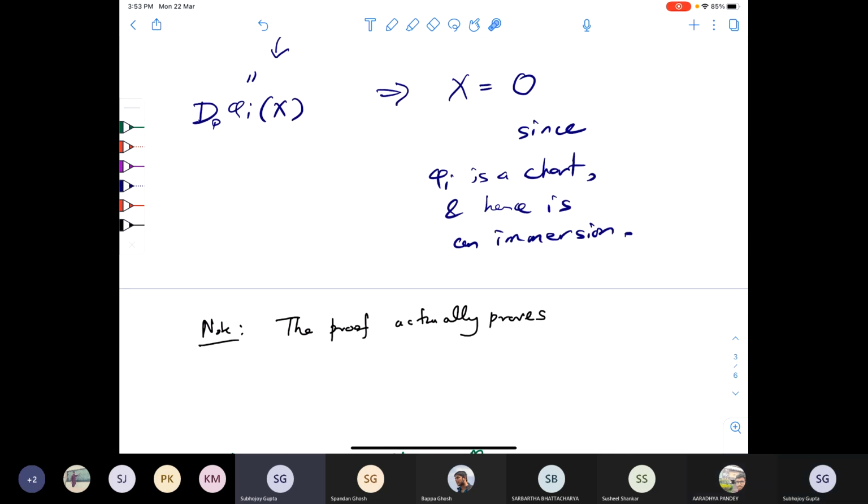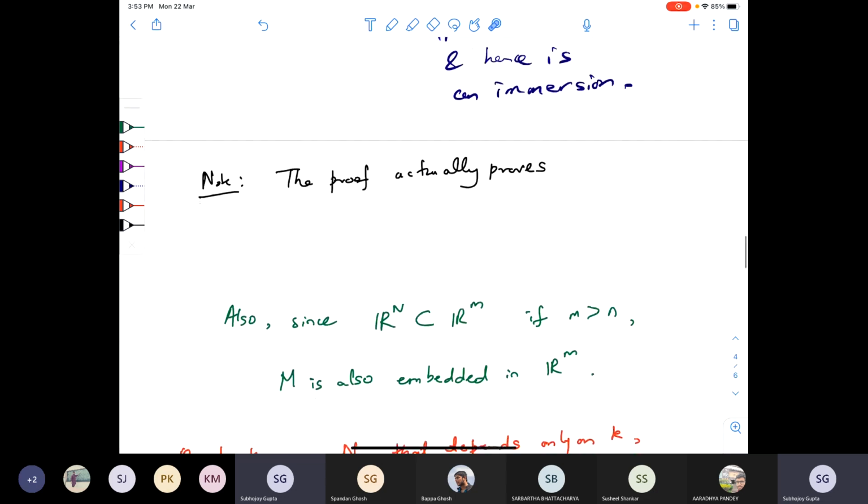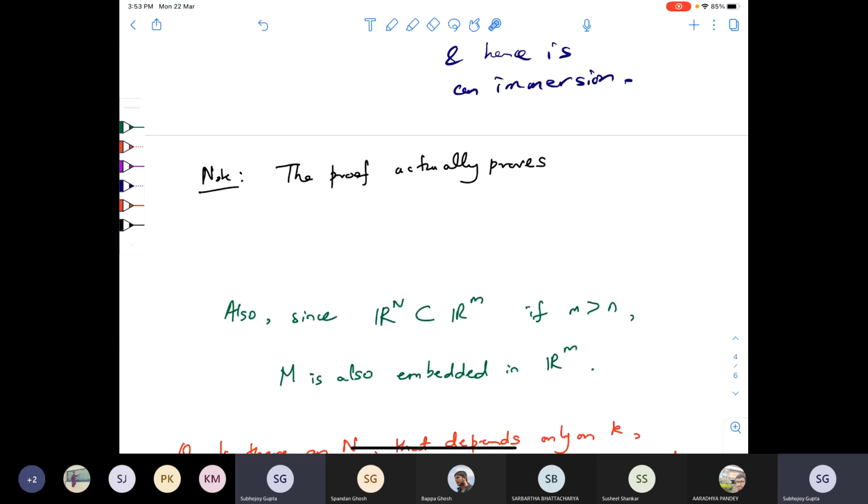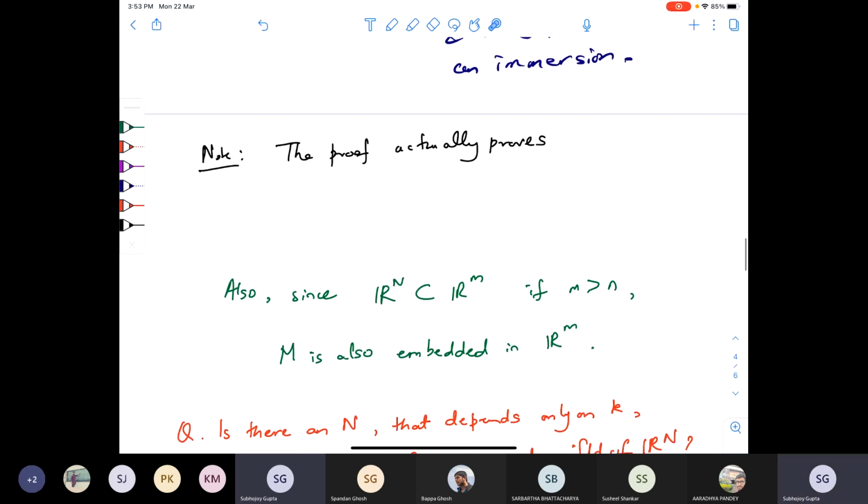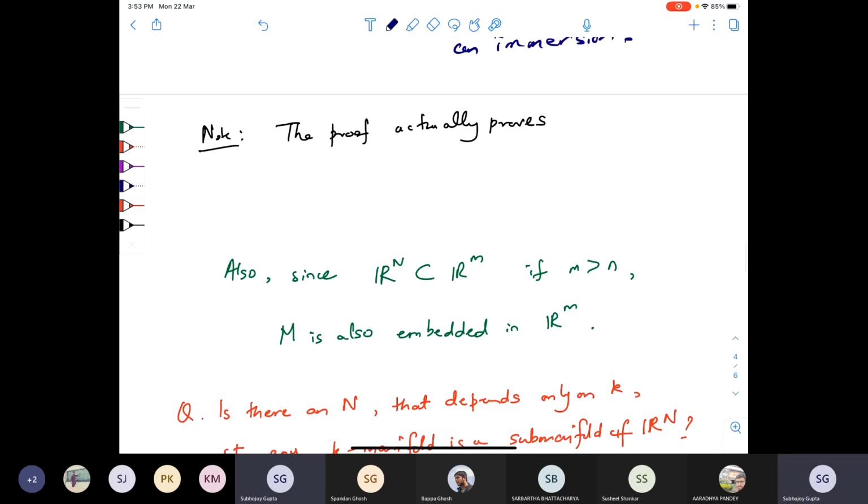Yeah, I guess one can use that too, right? So the induced maps on product spaces is also the product of the linear maps, right? Things like that. Okay, so the proof actually proves something stronger.